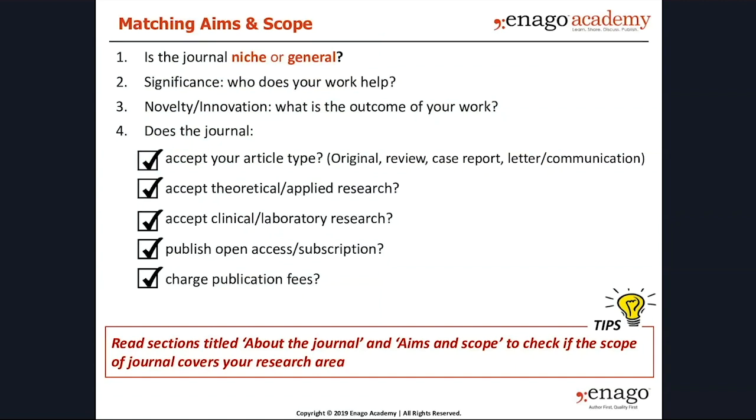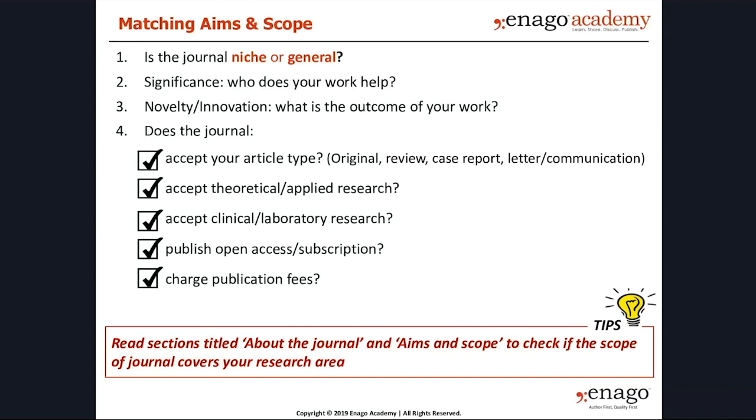So we're on this slide for aims and scope. You can note some key details of each of the journals. And then you'll build up a picture, and a record, of all journals that are relevant to you and your current research. It can be quite time consuming to do this, but it's certainly very useful for referring back to for future papers that you write, future research that you conduct, assuming you don't change field entirely.